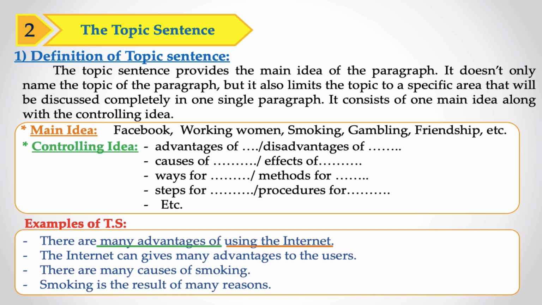The other ones become clear to identify, as you may see, in the second, the third, and the fourth. I used different colors to make it clear for you to become familiar with the main idea and controlling idea.